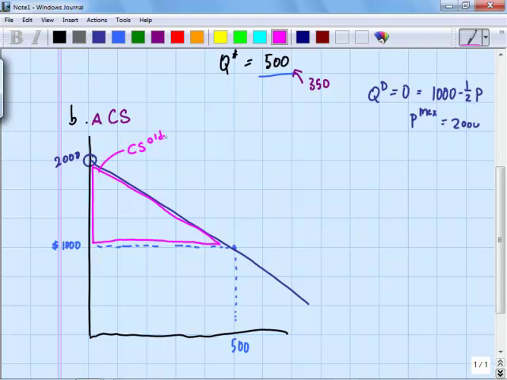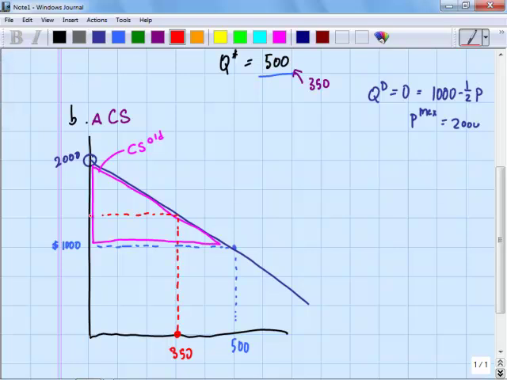And the question is, what's going to happen to consumer surplus when you move to the new equilibrium? The one thing we know already is that the new equilibrium is going to be at 350 as the quantity. So we can figure out what price consumers would pay in order to clear a market where there are only 350 units available.